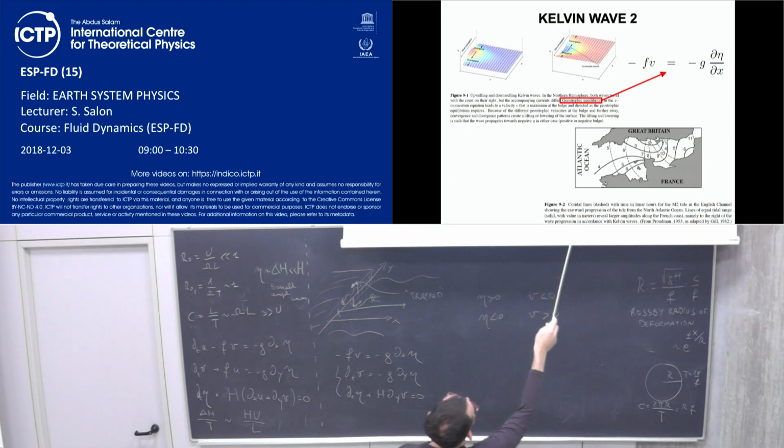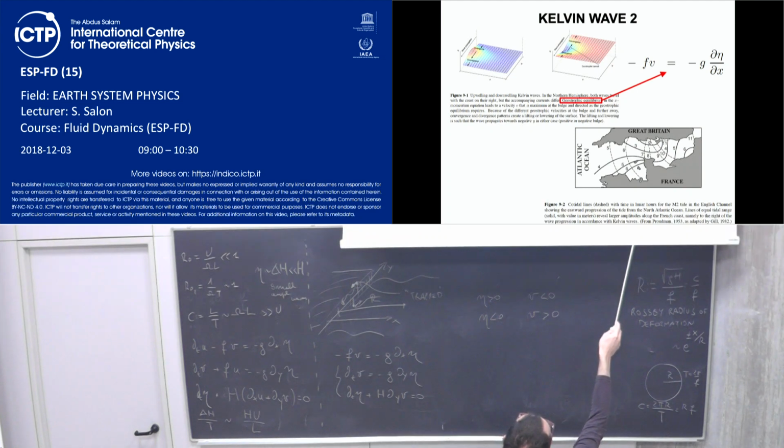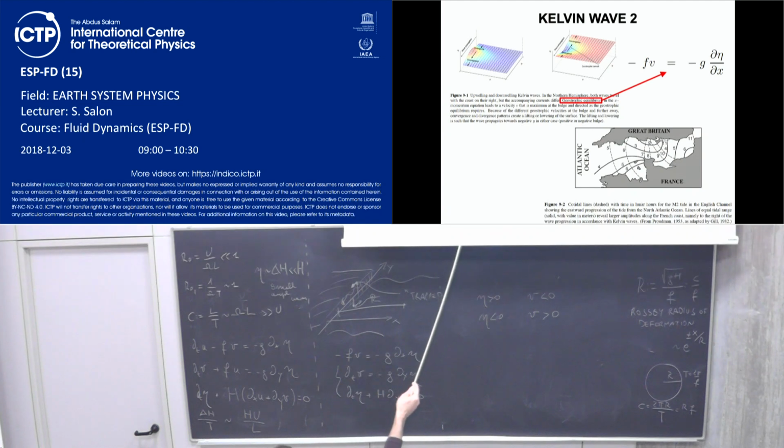So v will always be proportional to g over f d eta dx. Because of different geostrophic velocity at the bulge and further away, a convergence and divergence pattern creates a lifting or lowering of the surface. The lifting and lowering is such that the wave propagates toward negative y, in either case of positive or negative bulge. Okay?